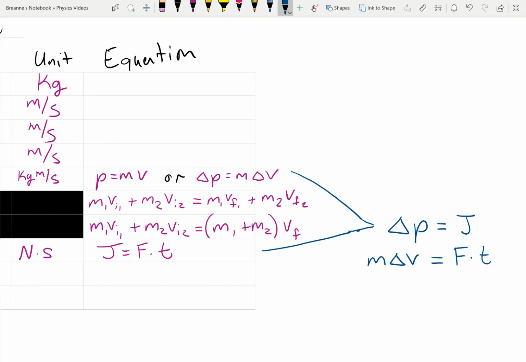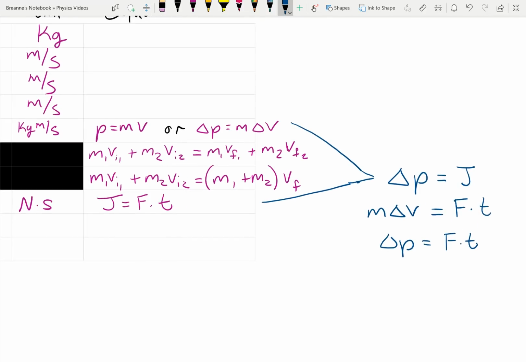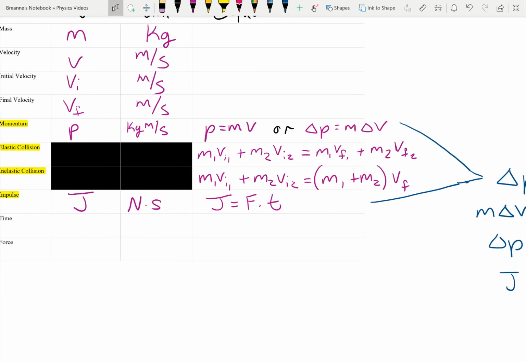And since that is, you can make all kinds of different versions. So your change in momentum can equal force times time, and your impulse can equal mass times change in velocity. It's interchangeable there. And since that's interchangeable, that means your units are interchangeable too.